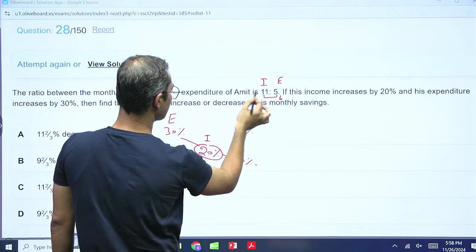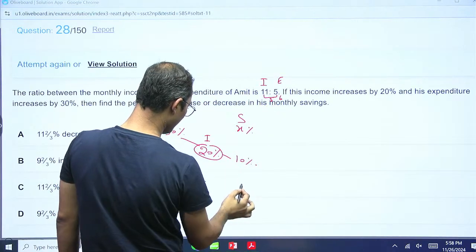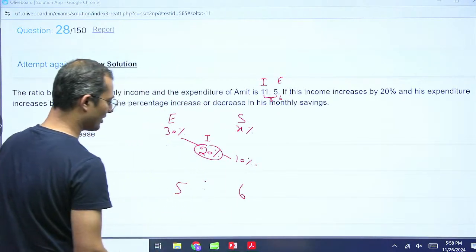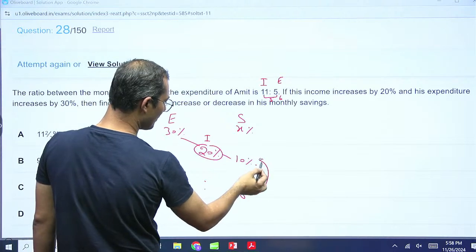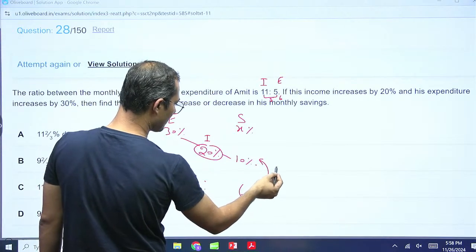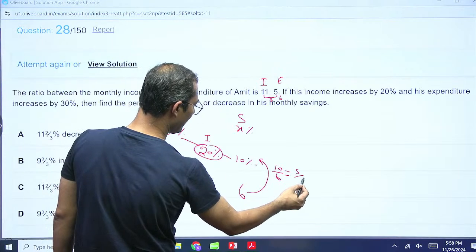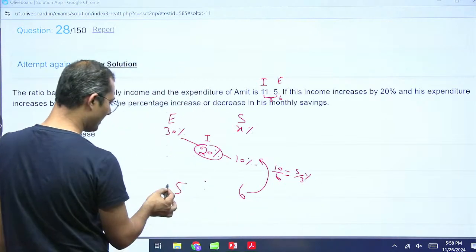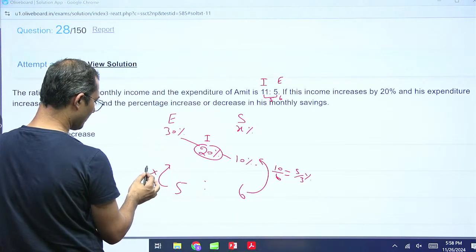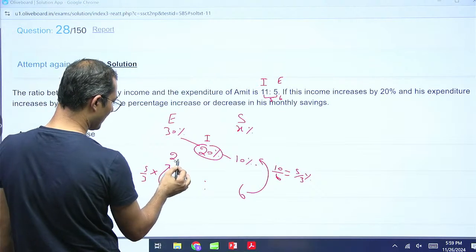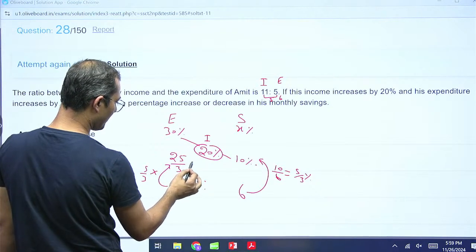So the saving is going to be how much? 6 units, right? So 6 units is equal to 10. 1 unit is equal to what? 10 by 6. So we can say that 5 by 3%, right? So the value of 5 is equal to 5 into 5 by 3. So we can say that 25 by 3%, right?